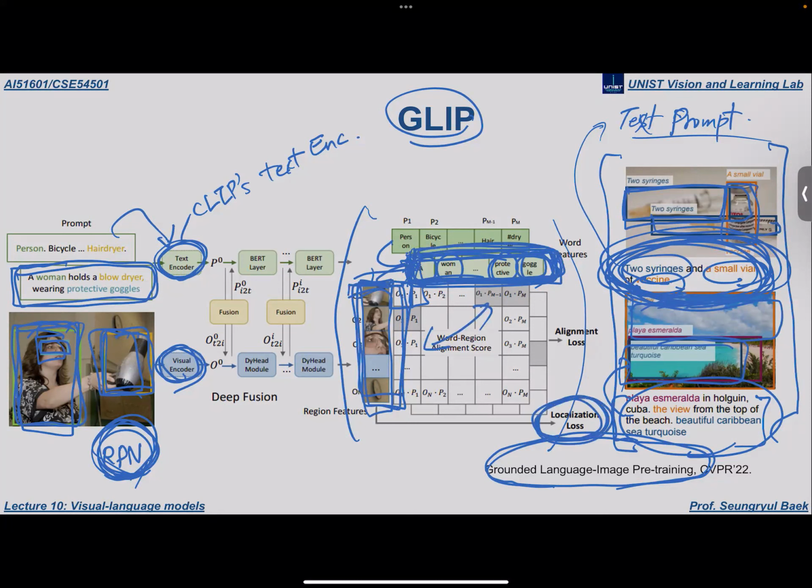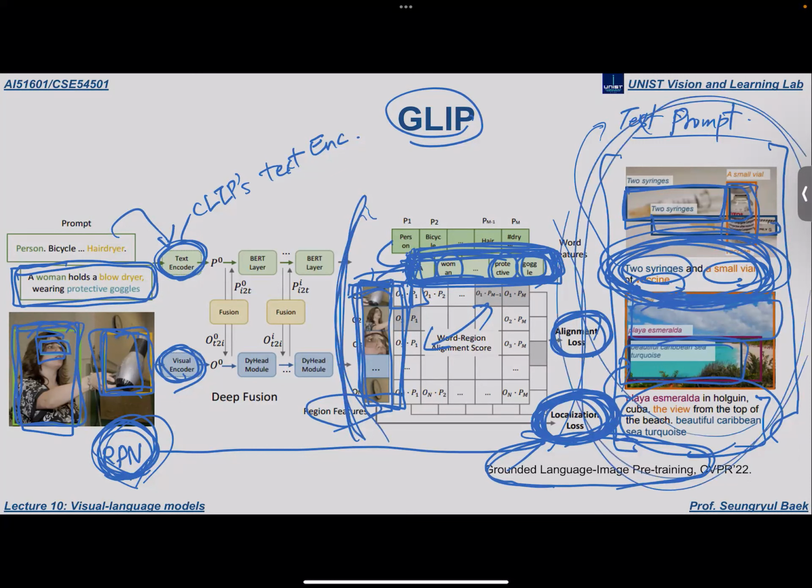And they also apply a localization loss for this RPN, so they further train this RPN to capture proper objects. So this is the alignment loss and localization loss here. By doing this, they can achieve this type of application. This is similar to object detection, but called object grounding.